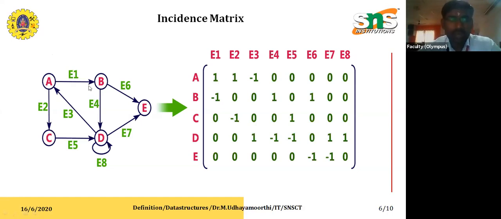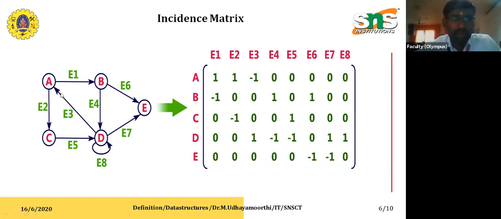If the link is in a forward direction, it is marked as 1. Likewise, there is a relationship between A and D, where an edge named E3 is formed. See the direction shown by the arrowhead.